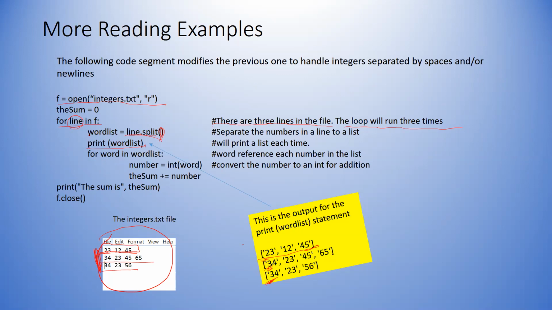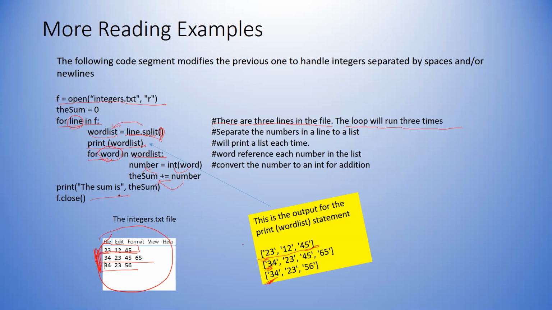Okay, so this is that function. That makes it into a list. And then because it's a list, you can use this for loop. For each word in that list, okay, you convert it into an int, assign it to the number variable, and add to it. And then you get that.